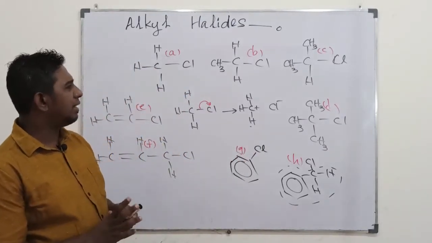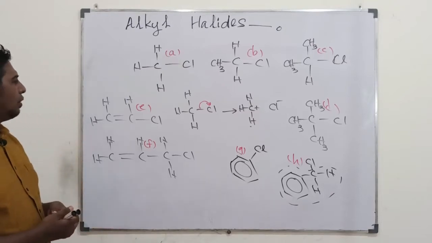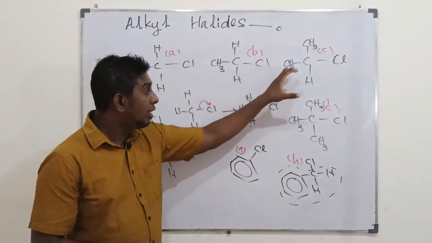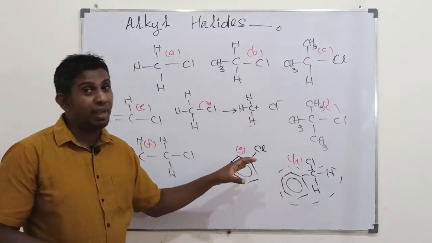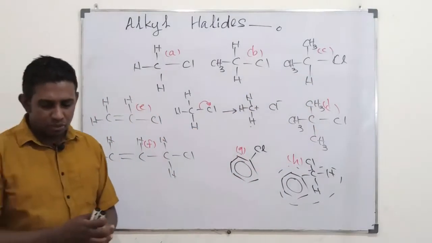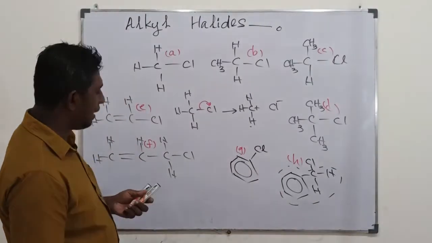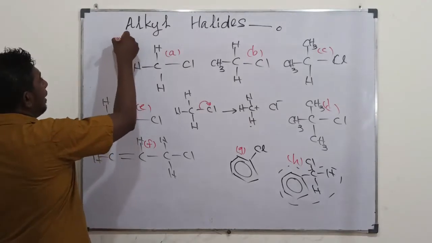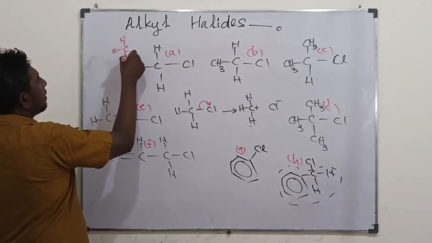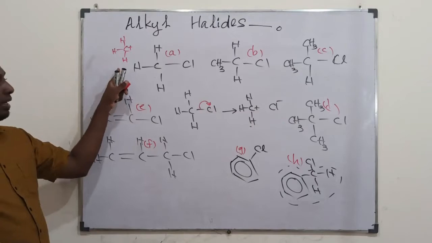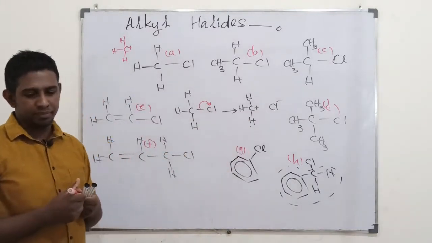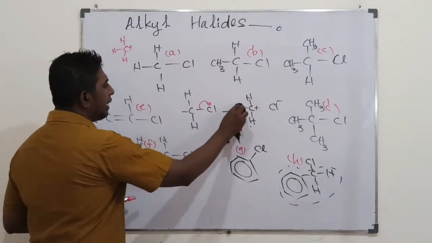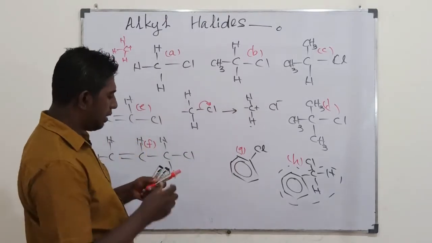So in that manner, I could talk about all the carbocations that could be formed by the leaving of halogen atoms. I could write the carbocation here, but I have already got it. Then students, when it is not methyl but ethyl, how could it be?